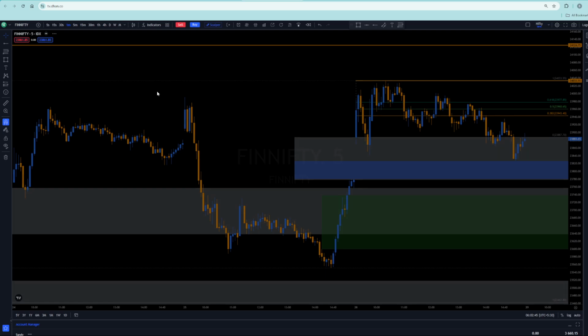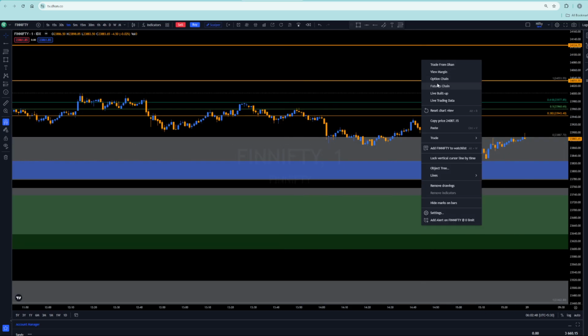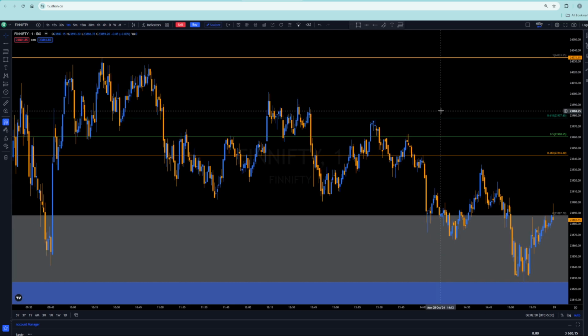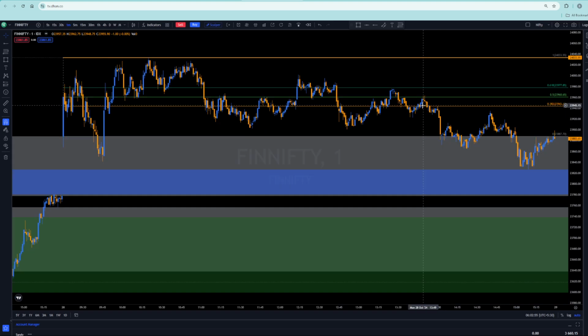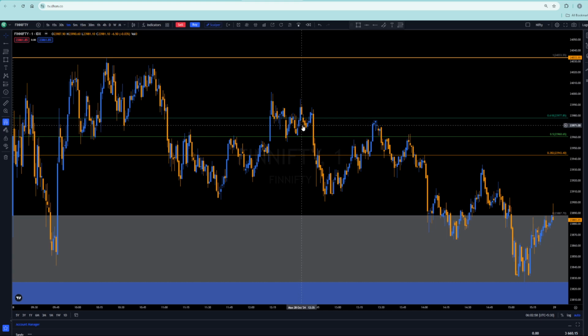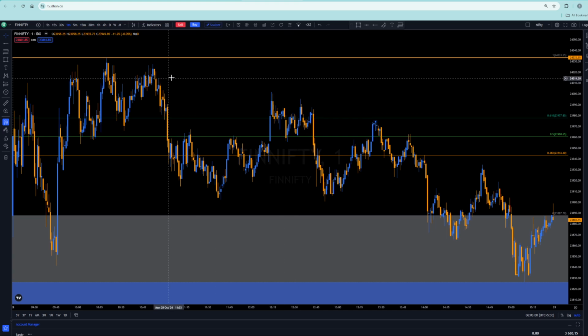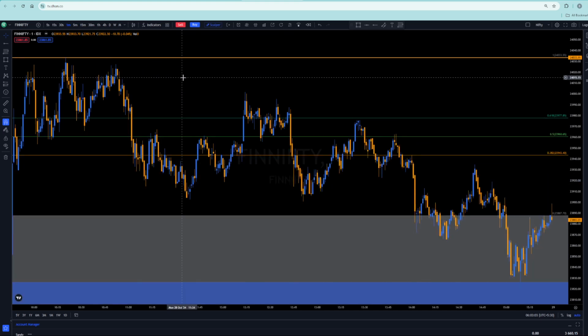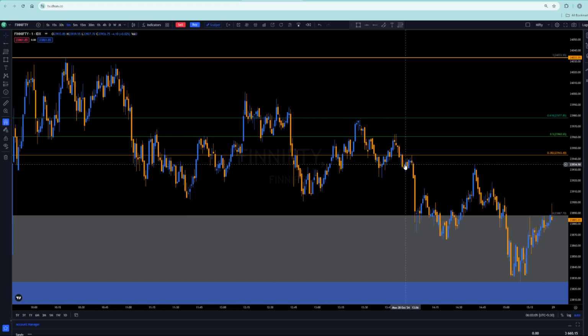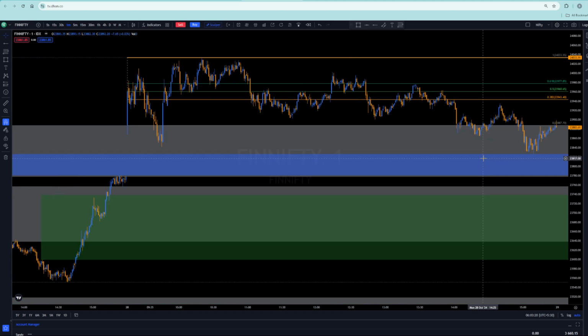Now 1 minute. There are fewer fair value gaps, just small ones, which are still pending in the market. But I don't think it's that important. Like this one, this candle is still a pretty small one, so I think it will be filled.